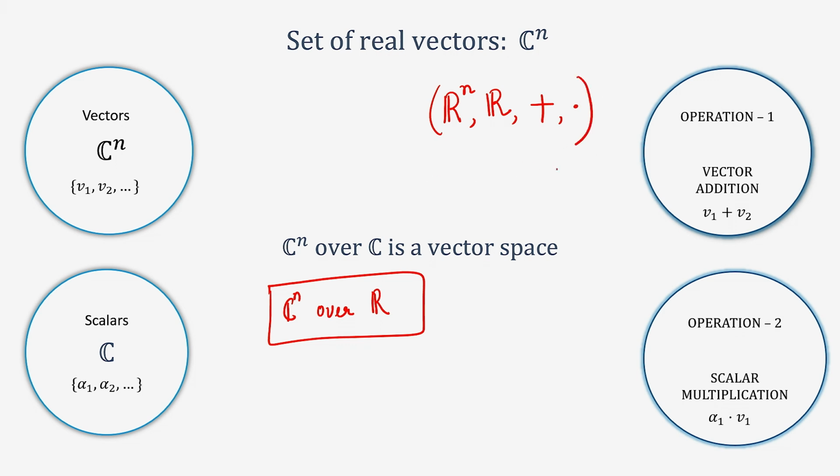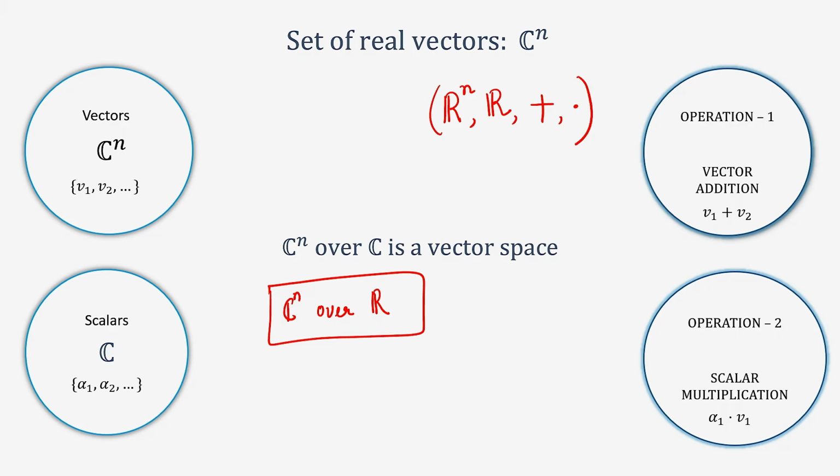These 4 things together make the vector space. But in general, when we talk about vector spaces, we will just directly say that Rn is a vector space. In that case, you should understand that by default I am talking about the scalars to be real numbers. Because every time telling Rn over R is a vector space becomes difficult. So, we just say that Rn is a vector space, which means Rn over R is a vector space. That is by default, you should understand that.